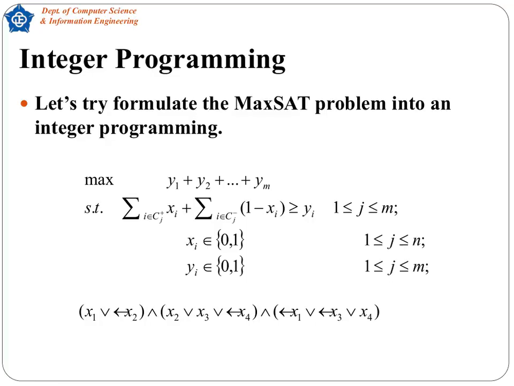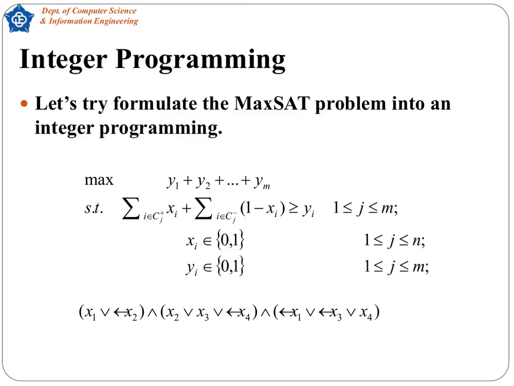For every clause j, we enforce the constraint: the sum of xi over all positive literals in clause j, plus the sum of 1 minus xi over all negated literals in clause j, is greater than or equal to yj. This way, yj can only take the value 1 if at least one literal in clause j is true. Finally, we declare all xi and yj to be binary, 0 or 1.